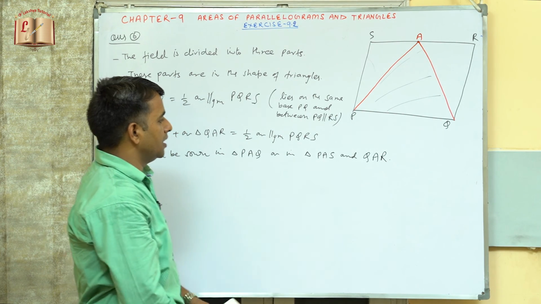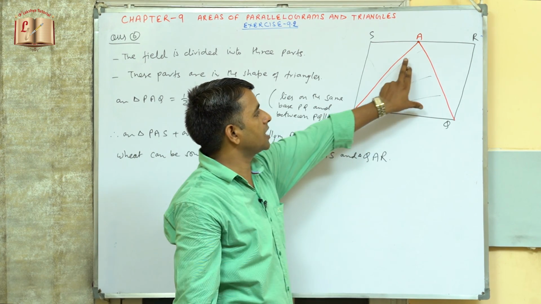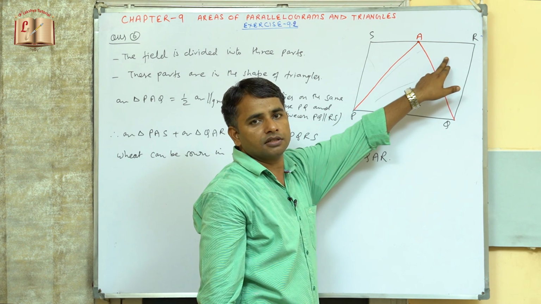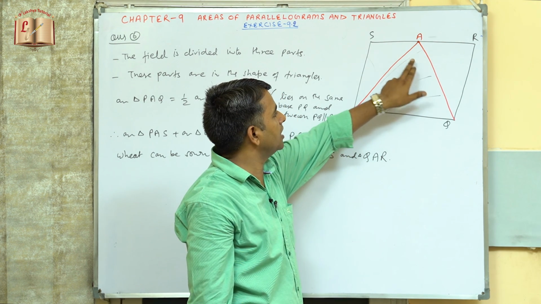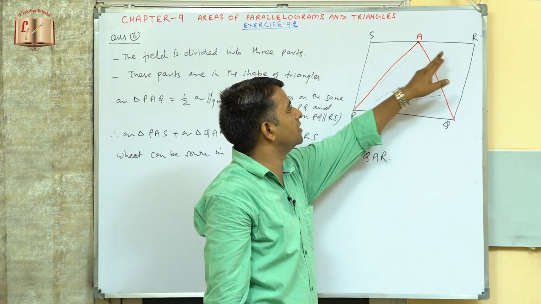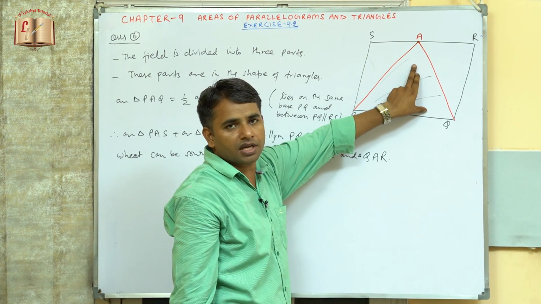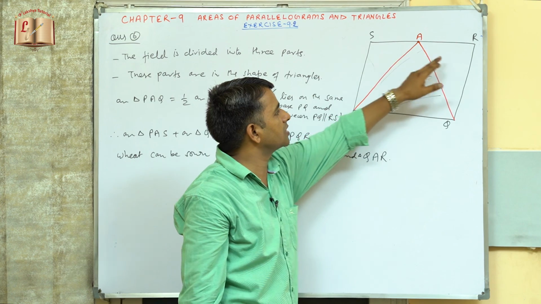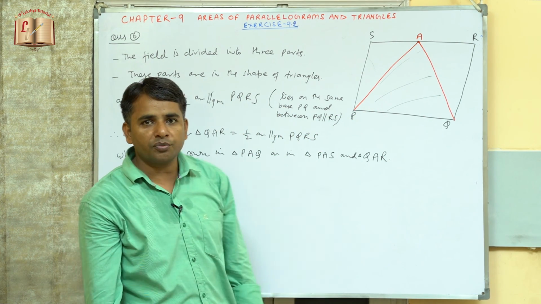So it can be in either of these portions, either in this triangle or in this and this. Area of this triangle is half of this parallelogram and the sum of areas of these two triangles is equal to half of the parallelogram. अभी या तो इस पोर्शन में एक क्रॉप को लेके जा सकते हैं और दूसरे पोर्शन में दूसरी क्रॉप को. So we have finished our exercise 9.2.